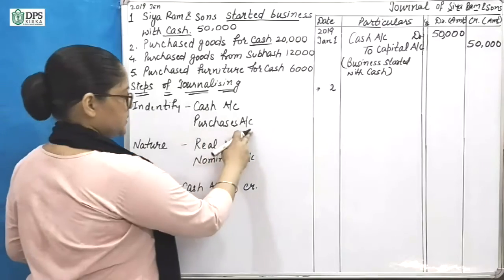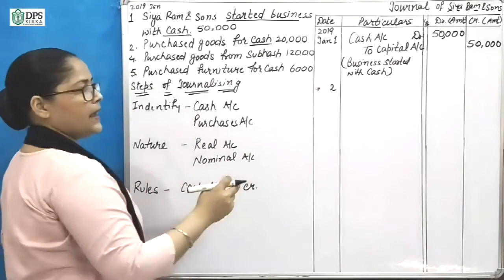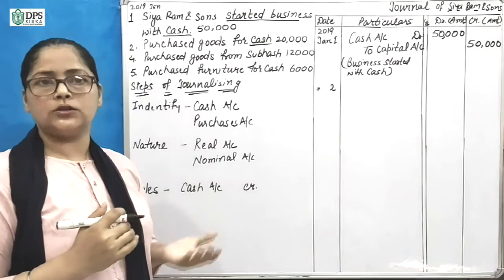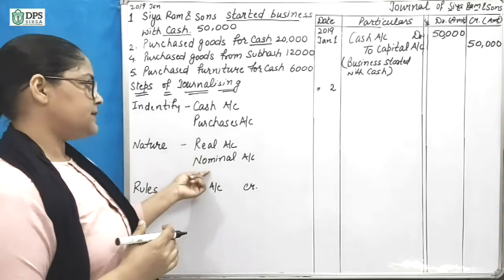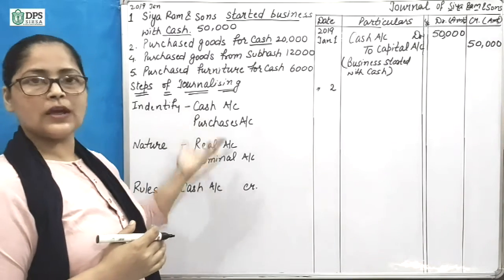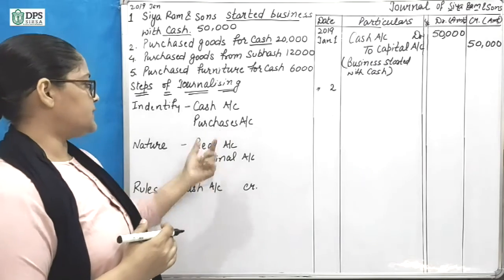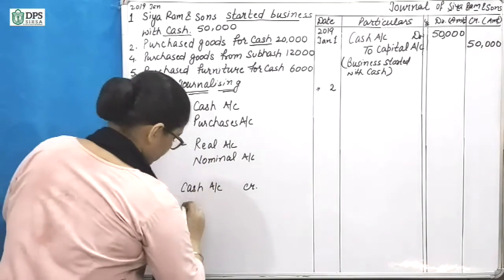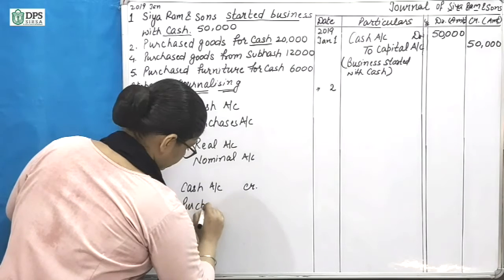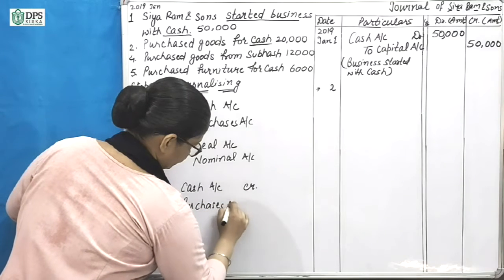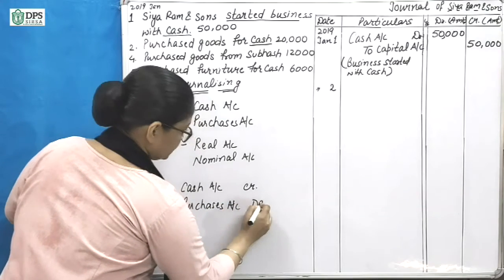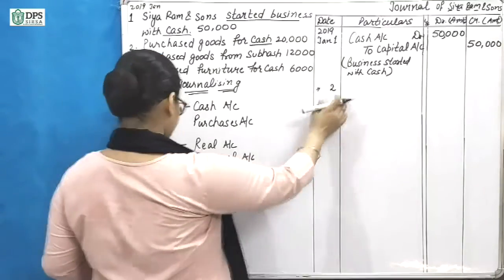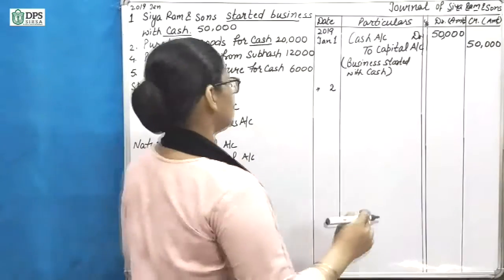And then purchases belongs to nominal account, and nominal account says that all expenses and losses are debit. So it is an expense because we are purchasing something, and it will be debited. So purchases account will be debited. So when you do a journal entry, we will write here first the debit thing.